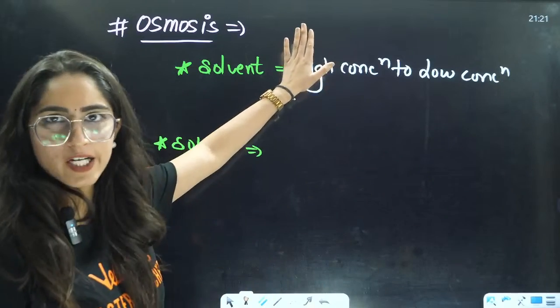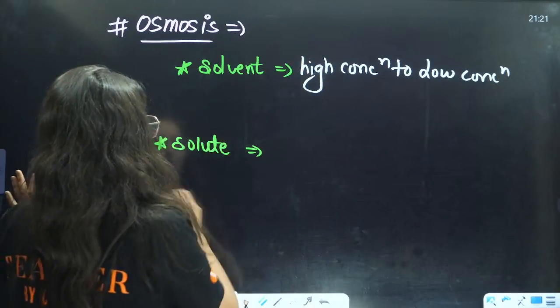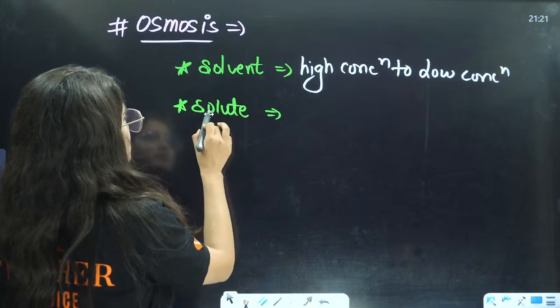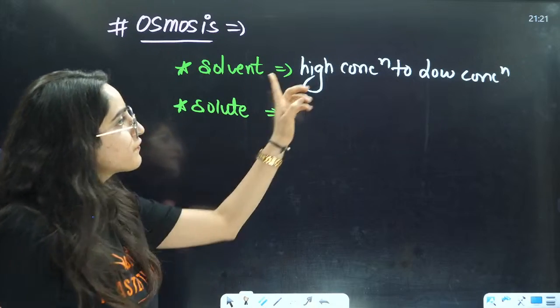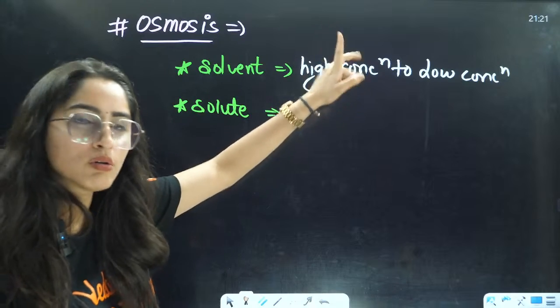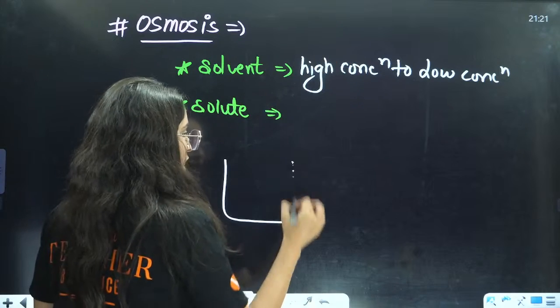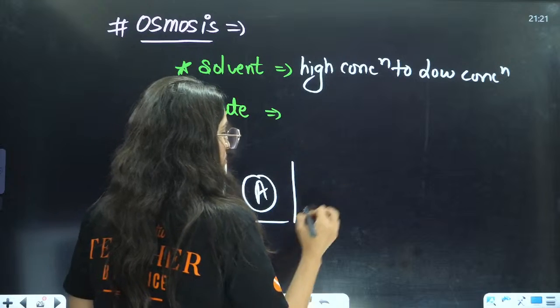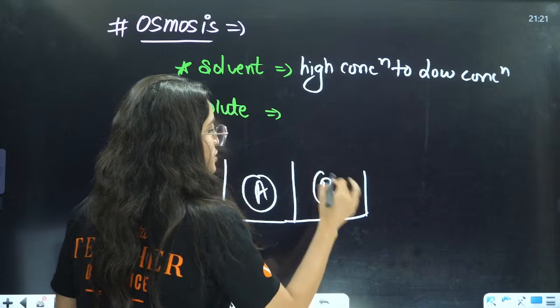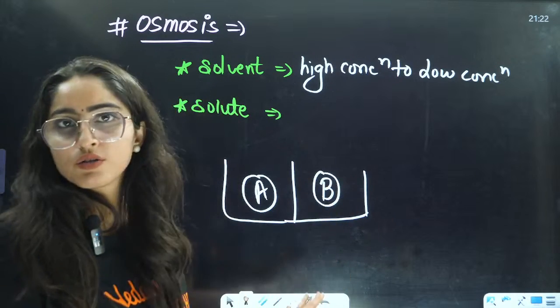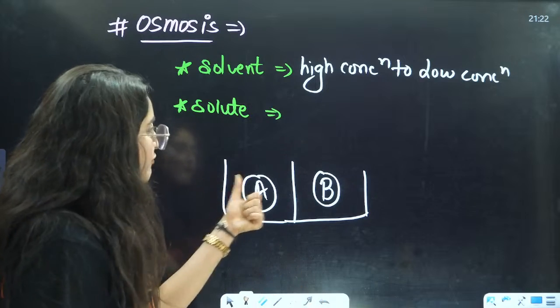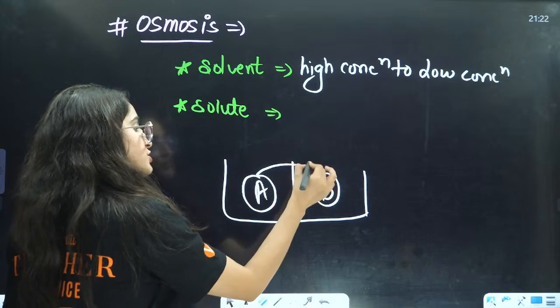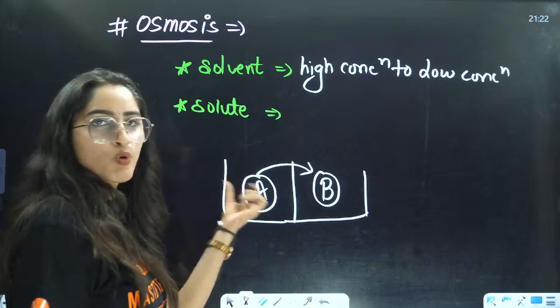Just remember this statement, other statements you can derive from this statement only. For example, this is a solution which has more concentration, and this is a solution B which has less concentration of solvent. So if solvent is moving from high concentration to low concentration, it has more solvent, right?